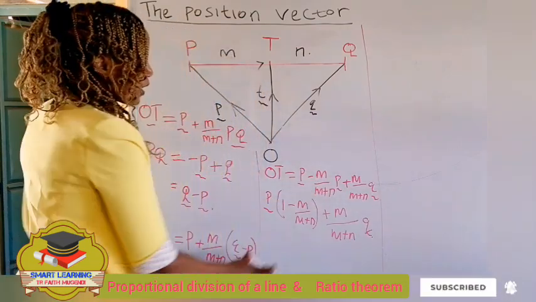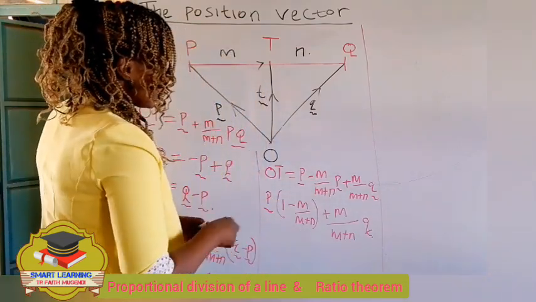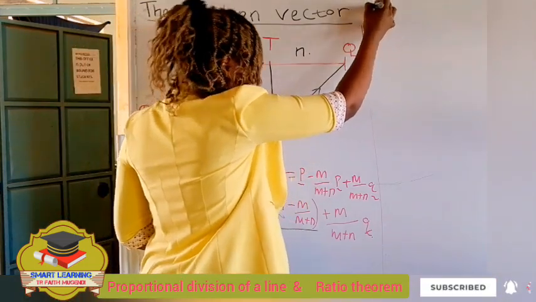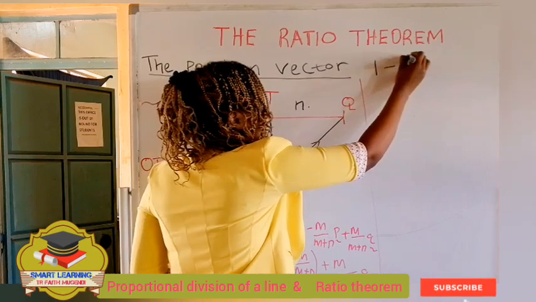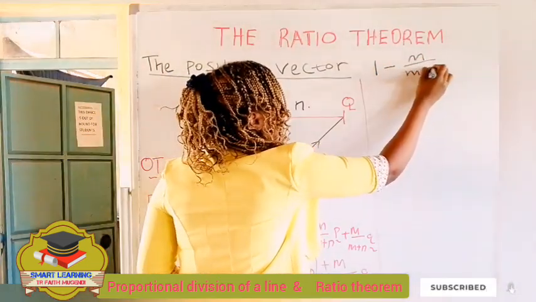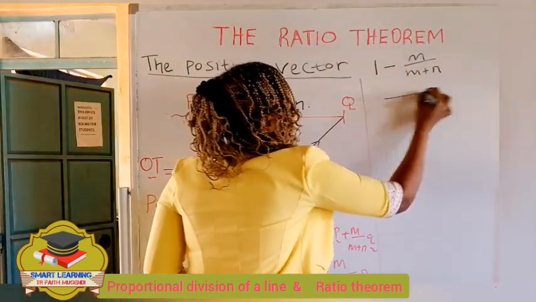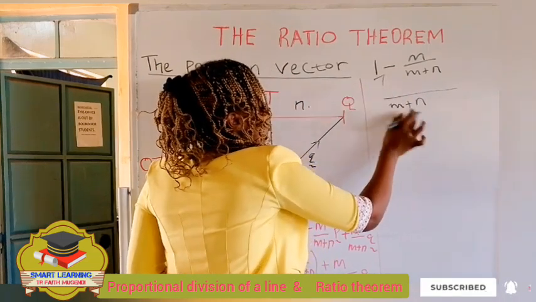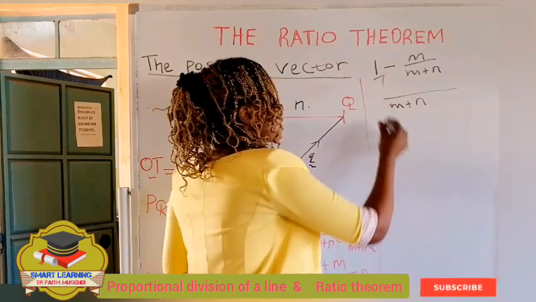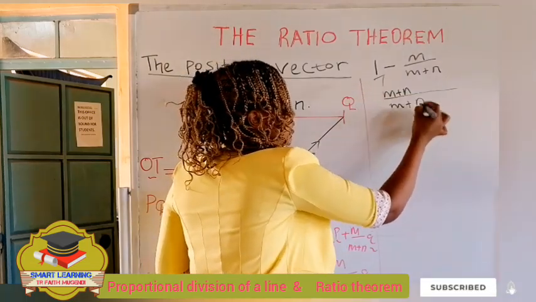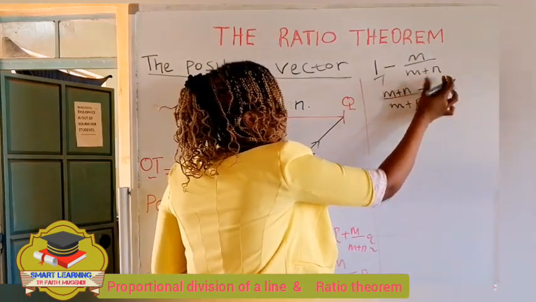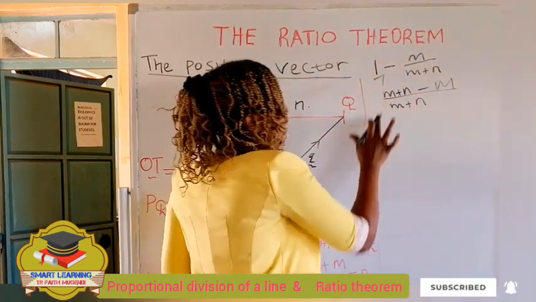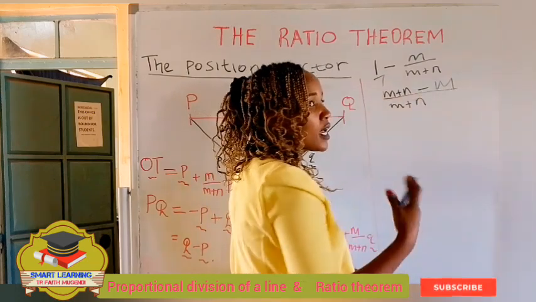Now, taking this part here, 1 minus m over m plus n, getting the LCM as m plus n. 1 will go into m plus n, how many times? m plus n times, then minus m plus n divided by m plus n is 1, times m, then it is m. So we have m plus n minus m, that is n.